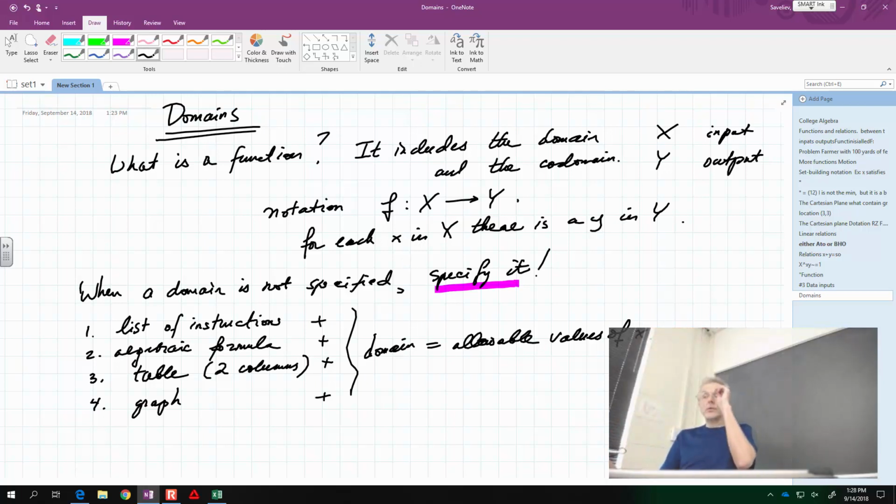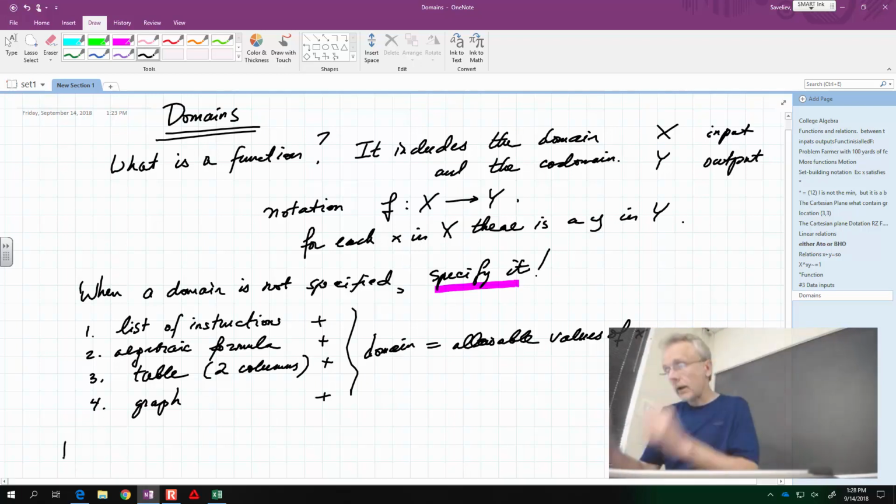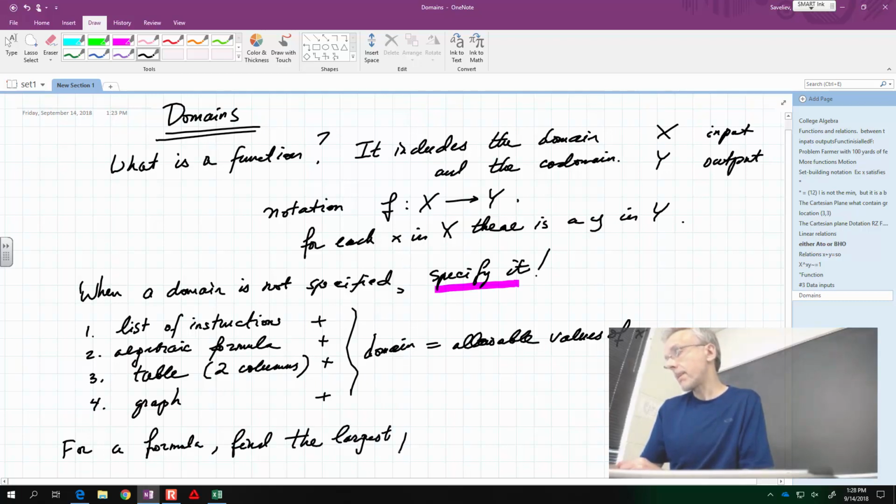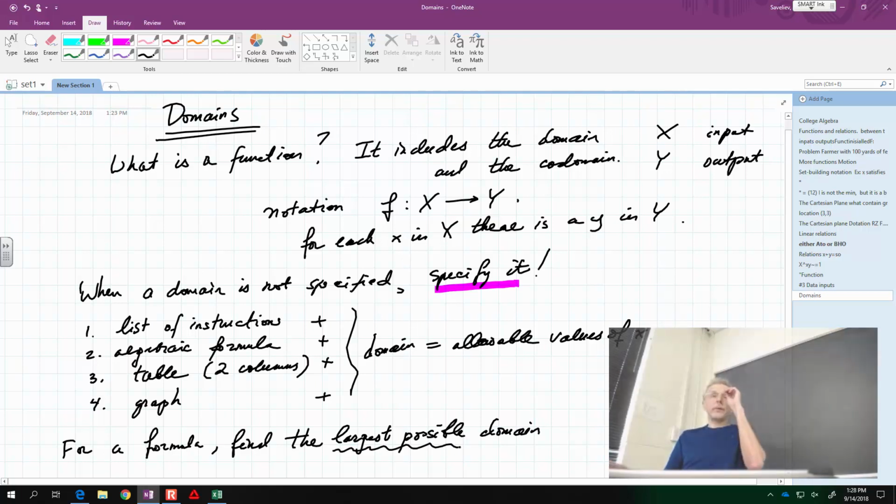So for a formula, find the largest possible domain. The problem is slightly different: largest possible domain, because there are different domains for the same formula. For the same formula, you might provide different domains. It's up to you. Depending on what kind of problem you're solving, the domain might vary.